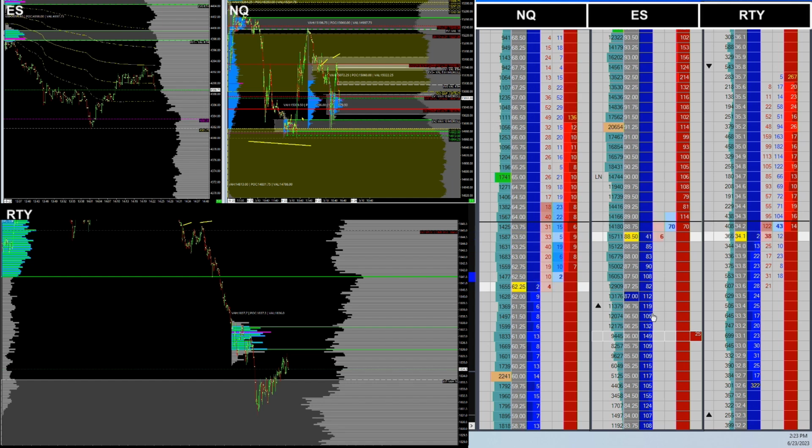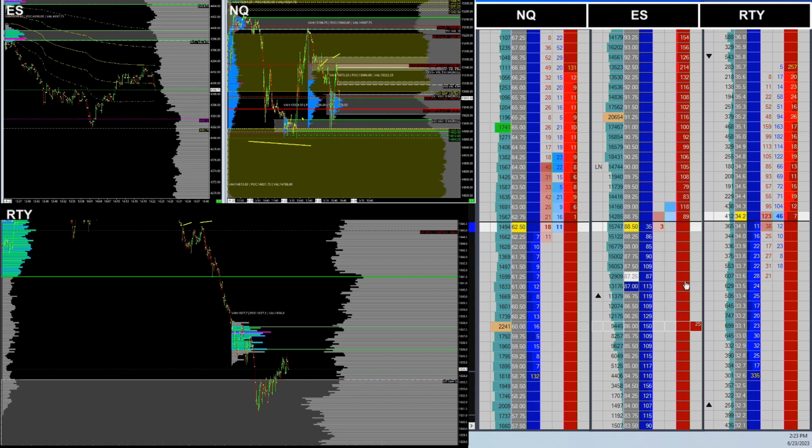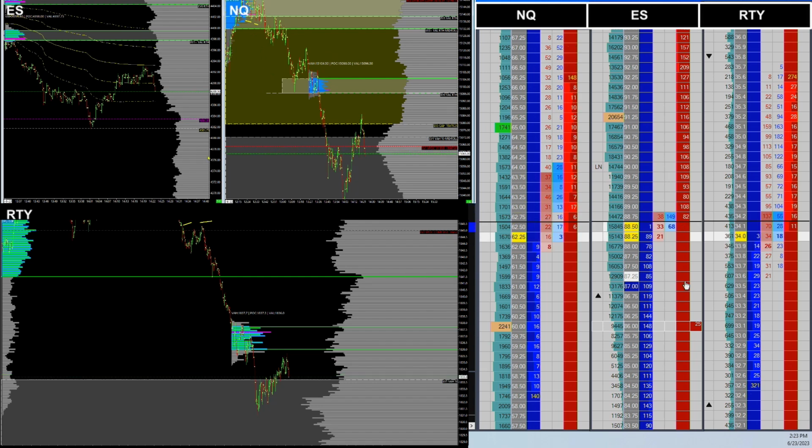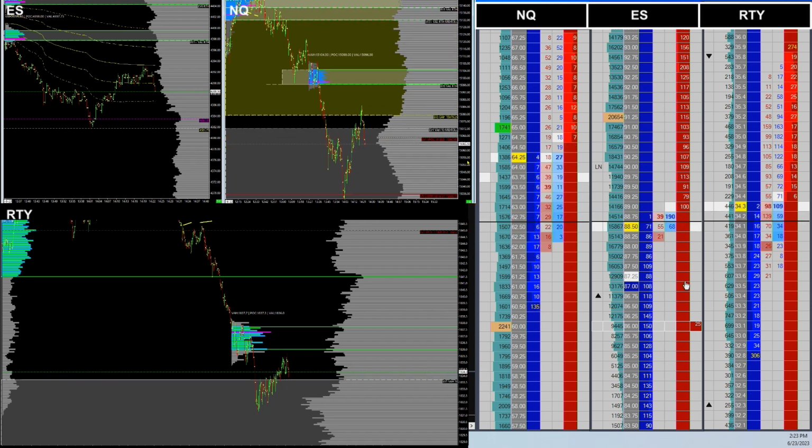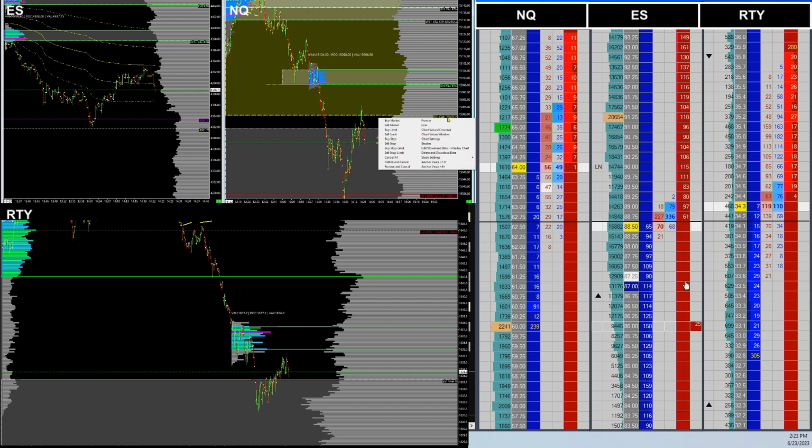This is why we scaled most of it. It's an EV4 gap now. That's why we scaled most. Man, it got so close to VWAP. That was such a tease, wasn't it?